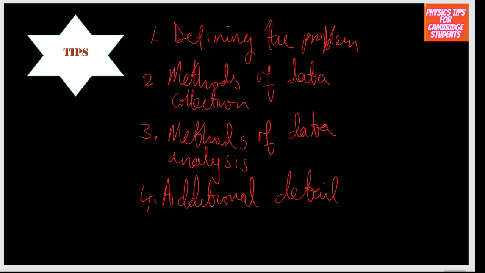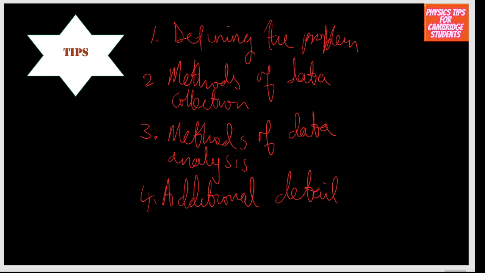Now, some general tips on how to do Paper 5, question number 1. You should define the problem first, because you're presented with an issue and then they will ask you to investigate the relationship between a certain quantity and the other quantity.